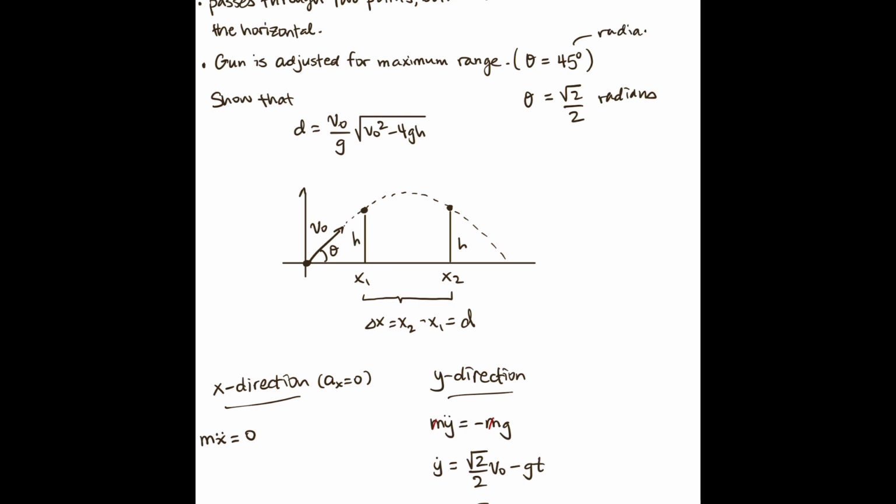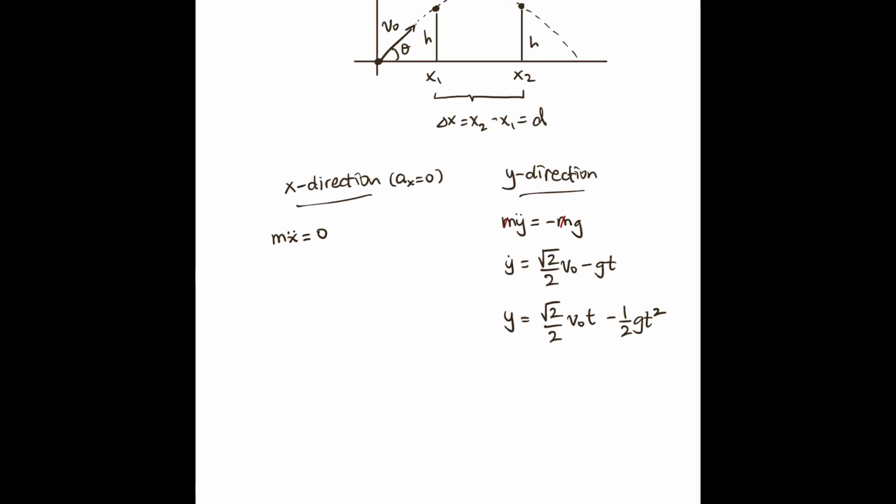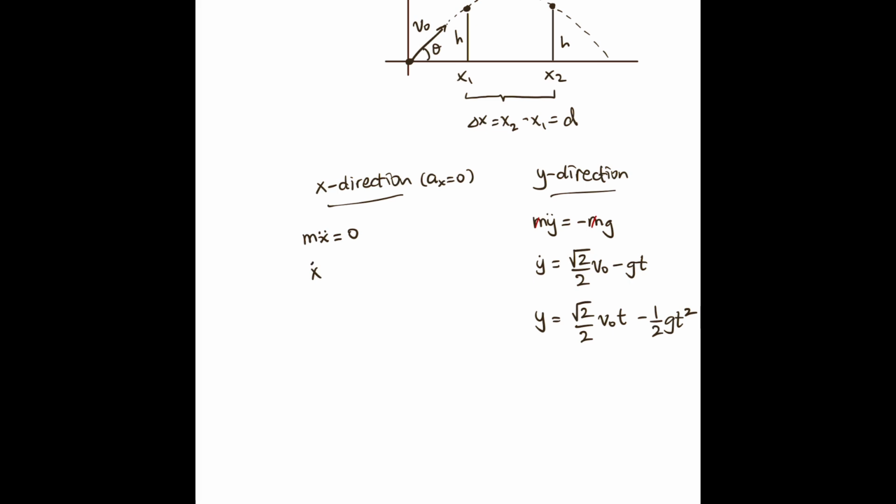And the square root of 2 over 2 comes from theta, because 45 degrees is radical 2 over 2.